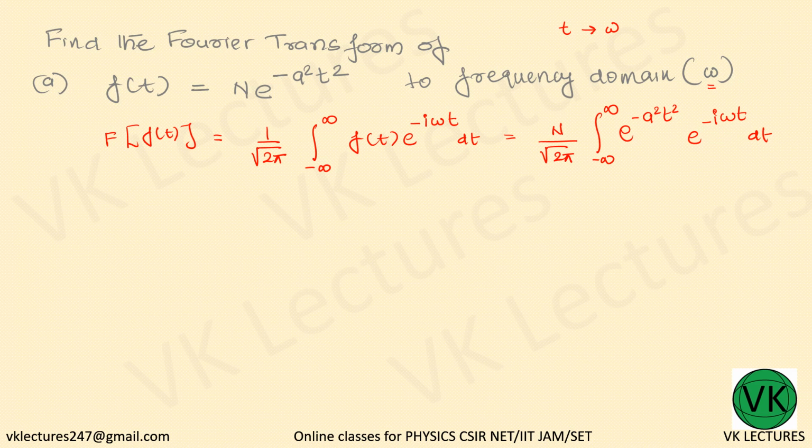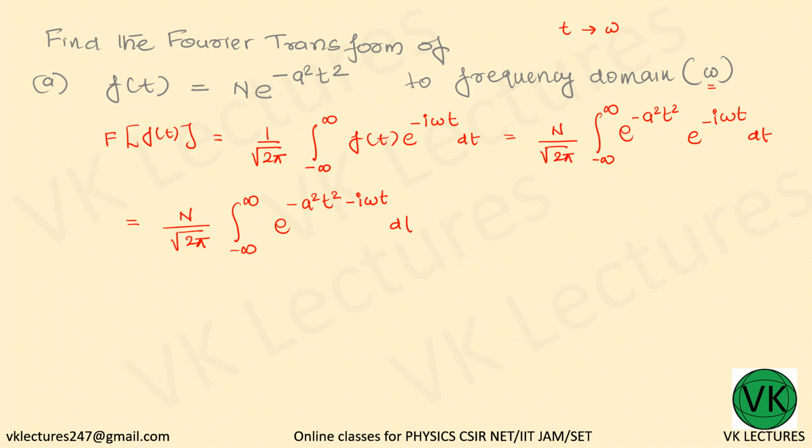Now this is equal to n divided by root of 2 pi times the integral from minus infinity to plus infinity of e to the power minus a square t square minus i omega t dt.